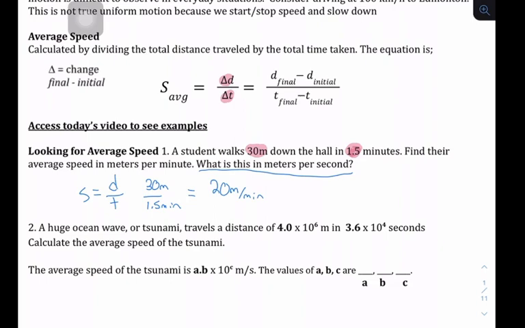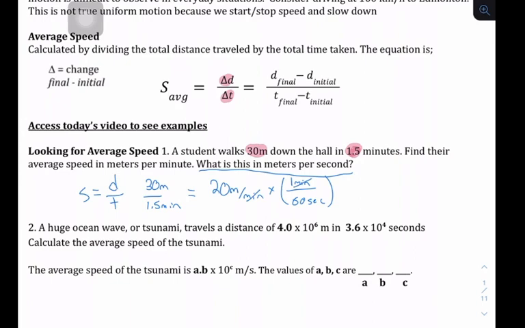So if you're traveling 20 meters in a minute, you're going to travel fewer meters in a second. So we need to multiply it by a conversion factor of 1 minute over 60 seconds. When we multiply that conversion factor, that has the effect of canceling out our minutes, because we have a minute in the bottom and top of a denominator.